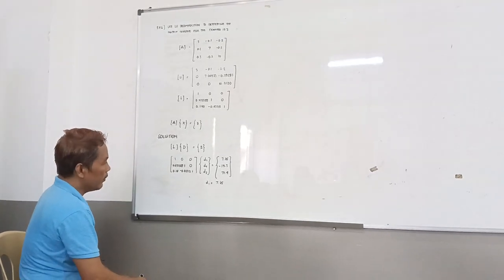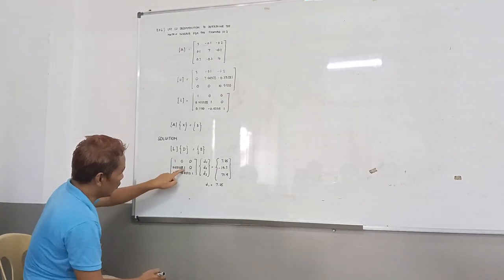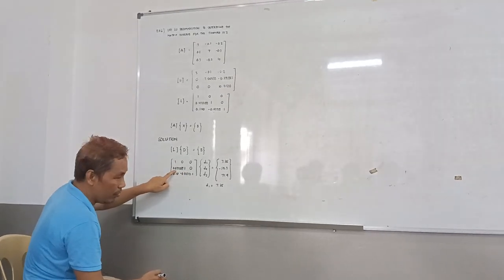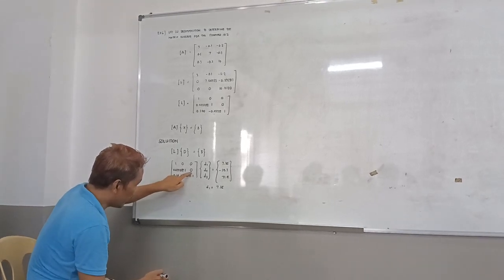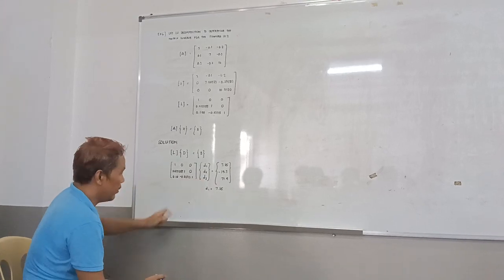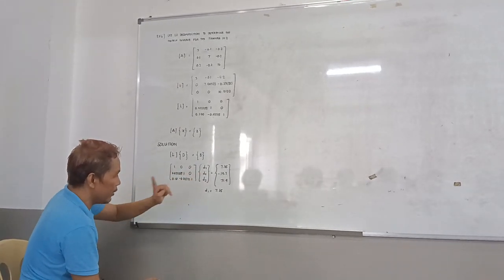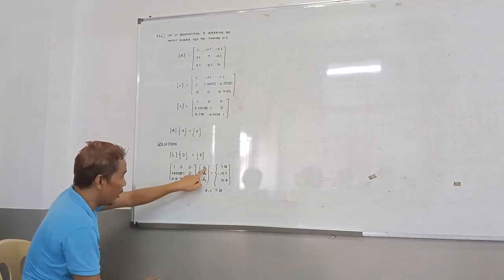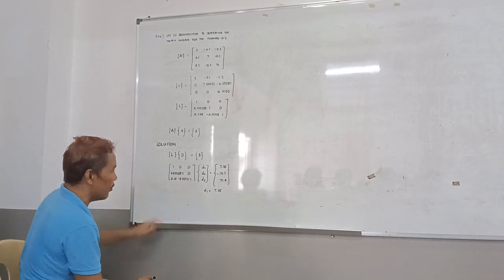Next, the second line: we have the values 0.033333, 1, and 0. The 0 is multiplied to D3, so D3 is eliminated. We only have D1 and D2, and we already have the value for D1, so we are looking for the value of D2.